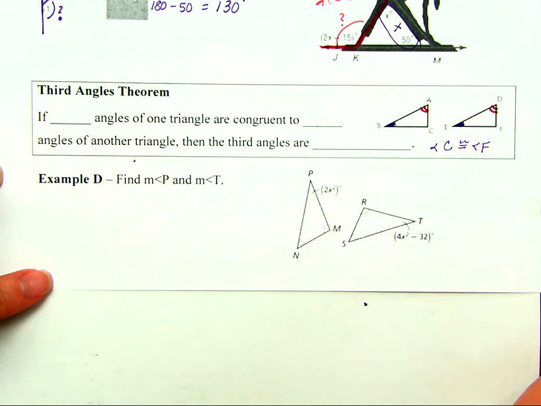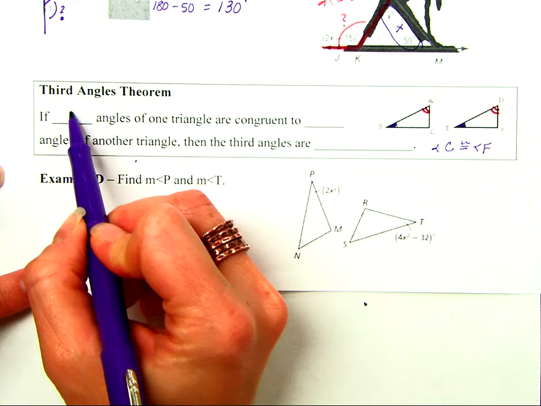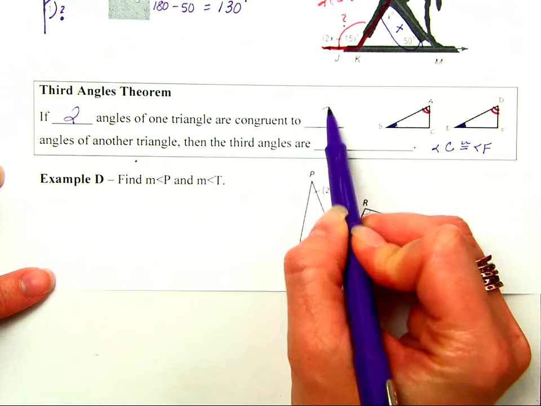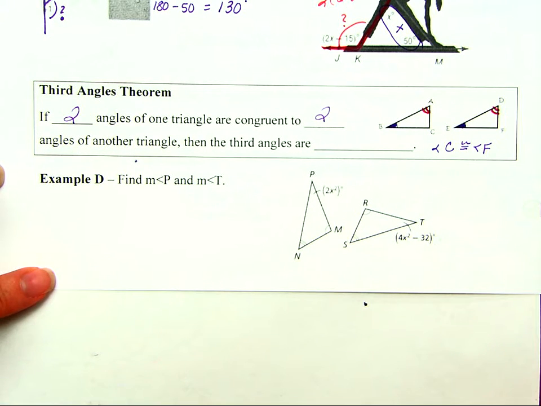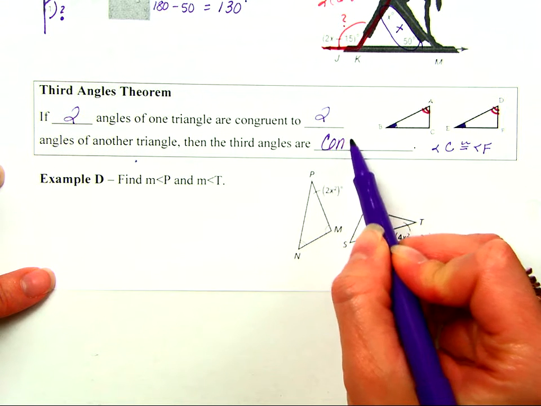That is the third angle theorem. The third angle theorem says that if two angles of one triangle are congruent to two angles of another triangle, the third angles must also be congruent.